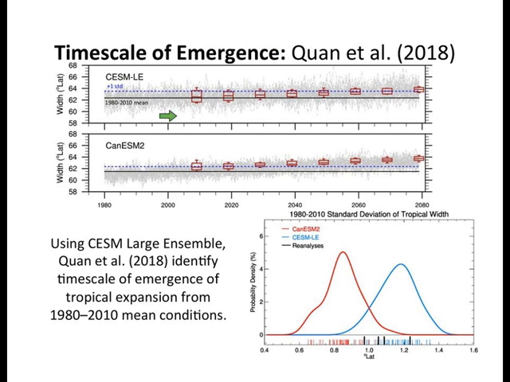And so each gray line here is an individual run from, this is the NCAR CSM model, and this is the Canadian large ensemble. And what you can see here is this is starting at present day conditions and moving out throughout the 21st century. And what he's arguing is that in the CSM model, which has a more realistic representation of variability compared to the observations, which are these black lines down here, that basically, based on present day conditions, you wouldn't expect to be able to detect statistically a forced signature of tropical widening until sometime in the mid-21st century, just because of all this noise that I was just mentioning.